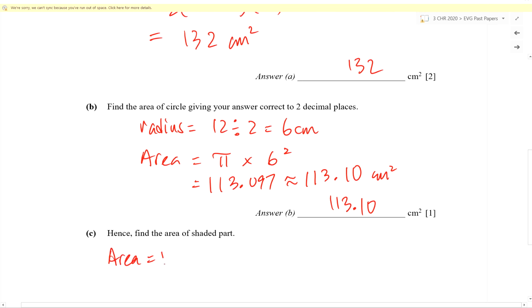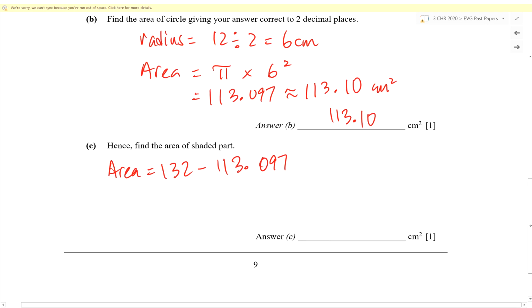Area equals 132 minus 113. Should we use 113.10 or 113.097? We use 113.097 because it is more accurate. This one is already rounded off, right? This is also not very exact, but it is better than this. So let's use 113.097. 18.903.